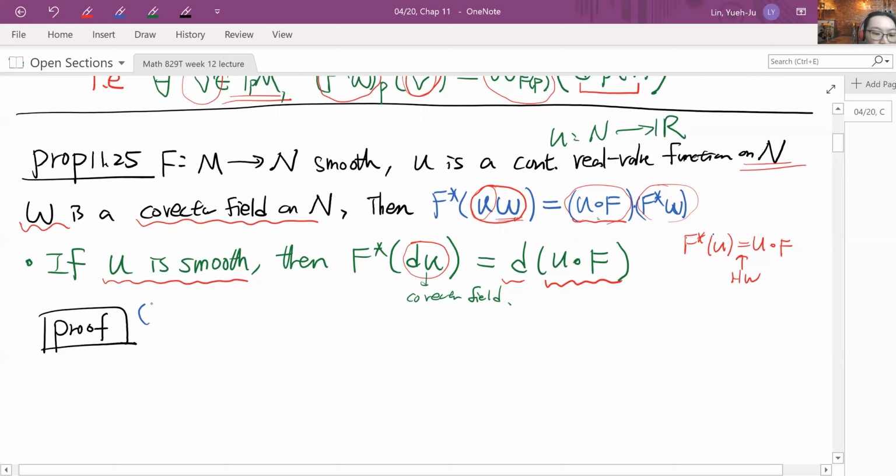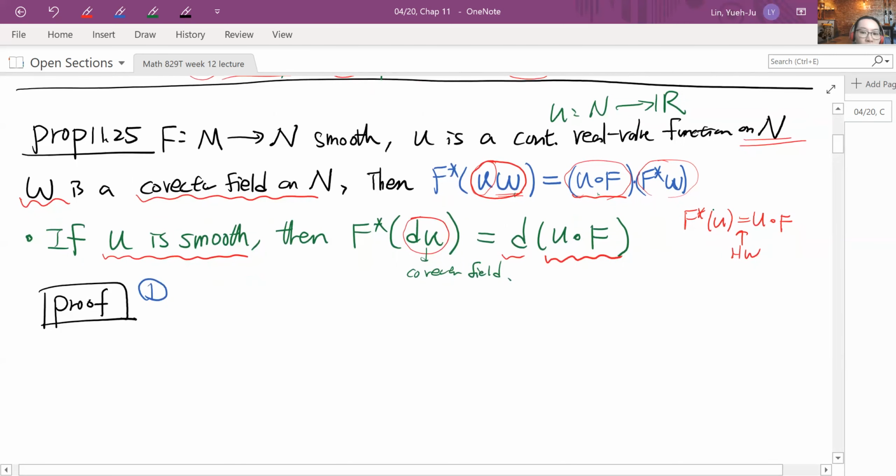So let's prove the first one first. If you want to say that the equality holds on both sides, there are two ways to prove that two covector fields are equal. First way, when you evaluate at point P, the left-hand side should equal the right-hand side: the covector you get when you evaluate at P should be the same as on the right-hand side.